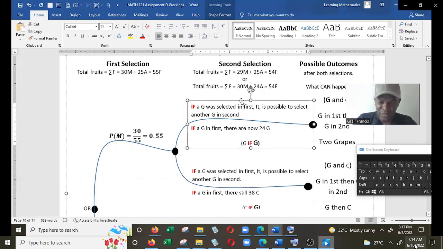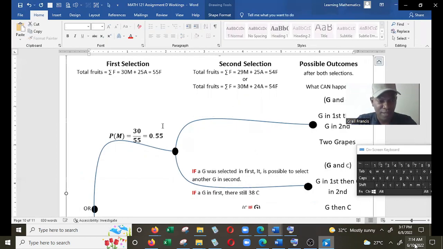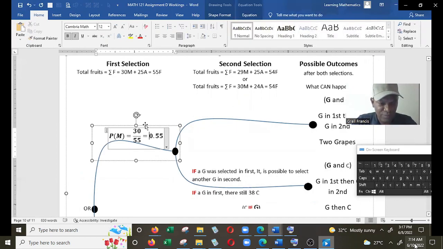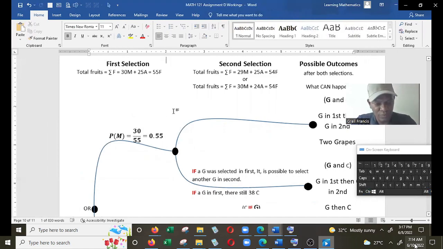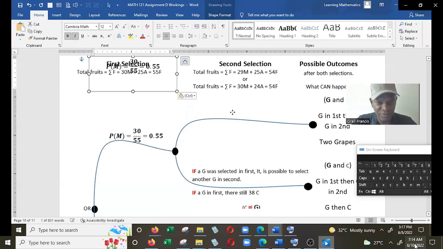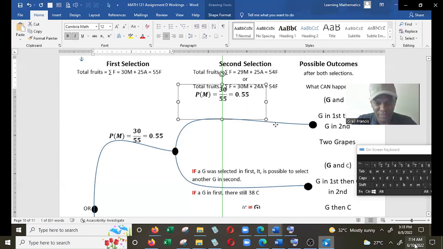Okay, I'm going to delete it. I'm going to take this, Control C, Control V, because it has all the font already. Bring it here.